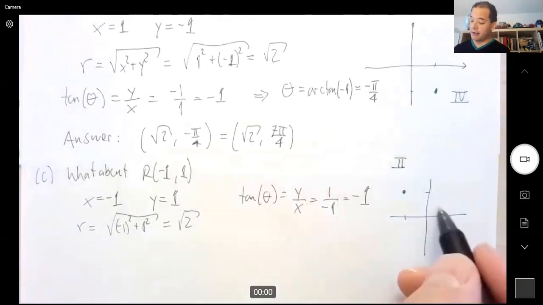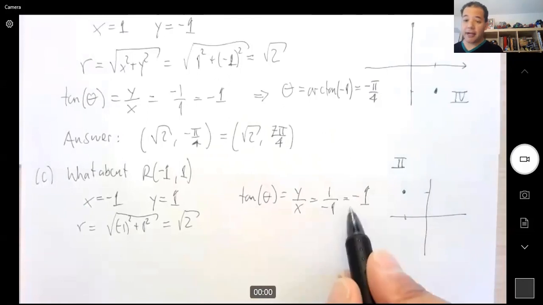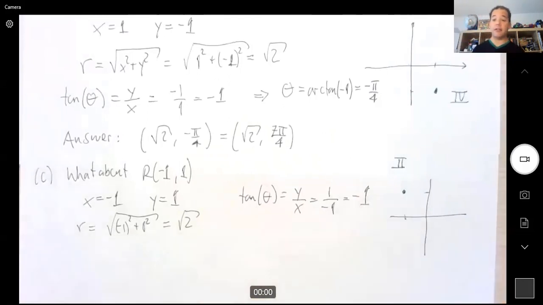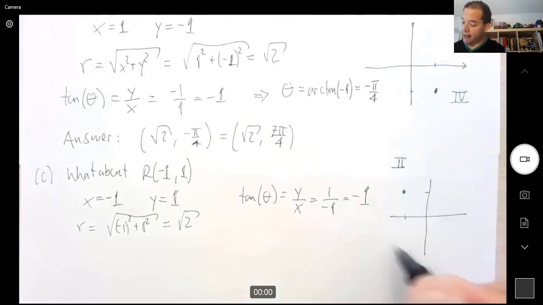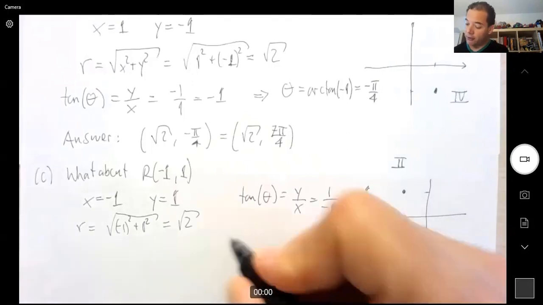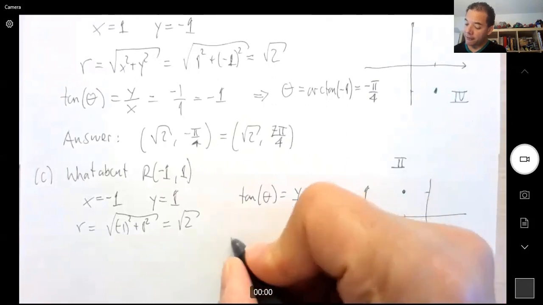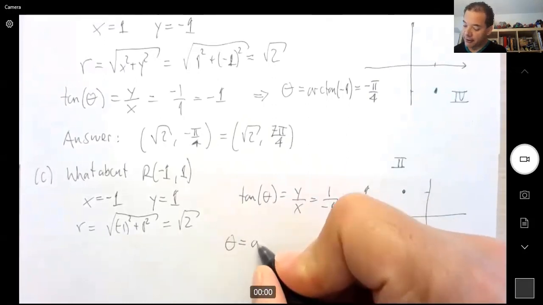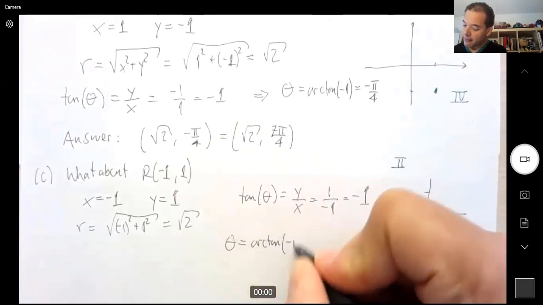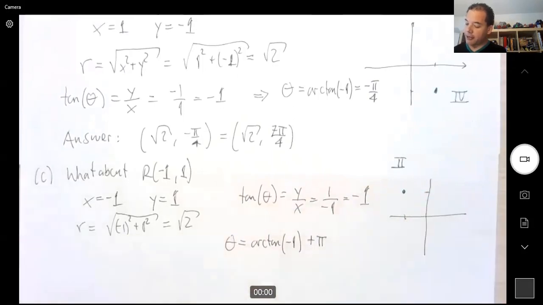If you are in the second quadrant, then arctangent doesn't work because arctangent only gives you between the fourth and the first, from -pi/2 to pi/2, right? And this angle is actually out of that. So to make it work, you need to add pi. So you can still use arctangent, but you have to add pi to the answer.